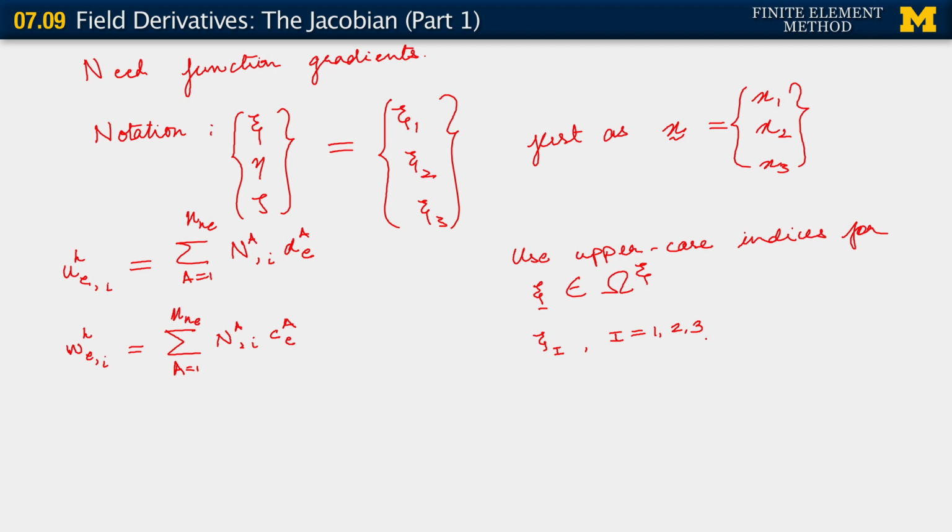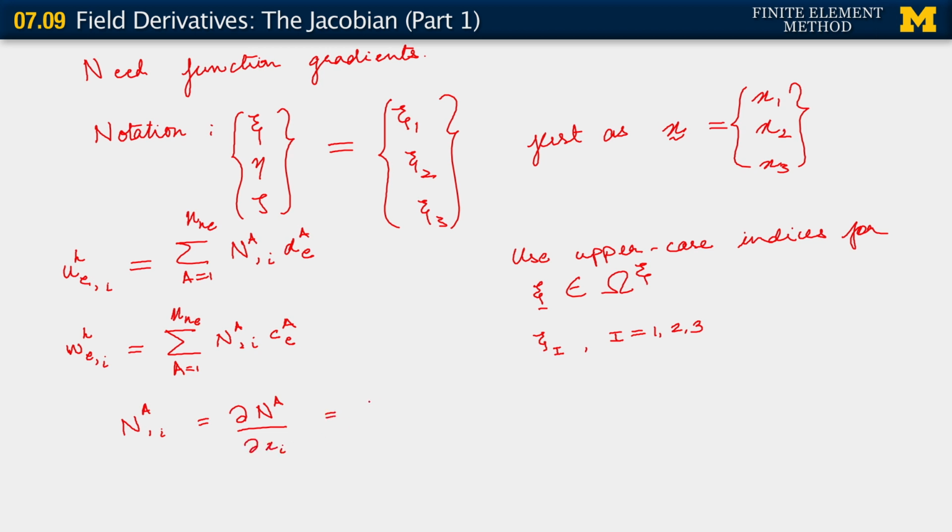Recalling that the way we are developing our basis functions is to parameterize them in terms of the coordinates in the parent subdomain, we have quite clearly N A comma i, which after all is just the partial of N A with respect to x i.